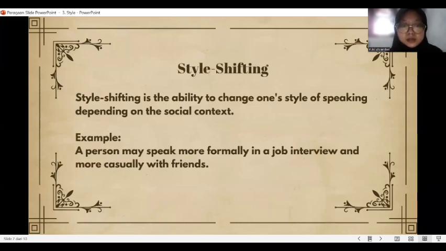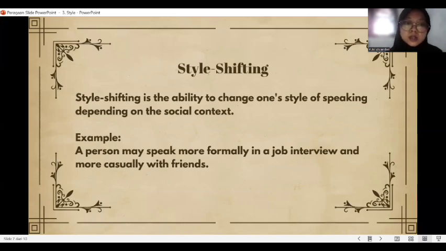Style shifting. Style shifting is the ability to change one's style of speaking depending on the social context. People adjust their speech to fit different social situations. It can be conscious, for example for politeness, or unconscious, a natural adaptation.